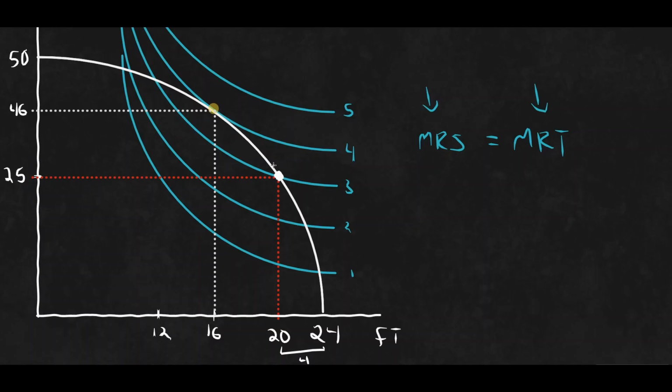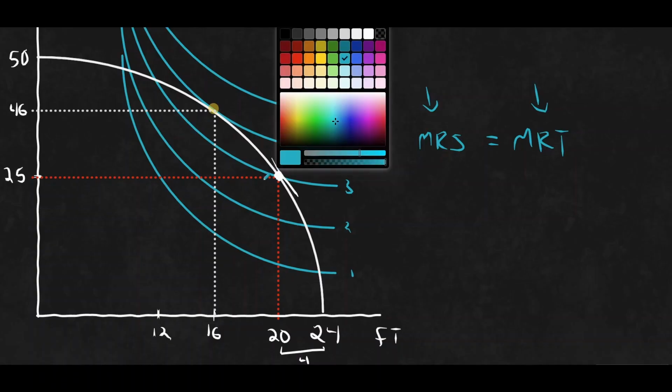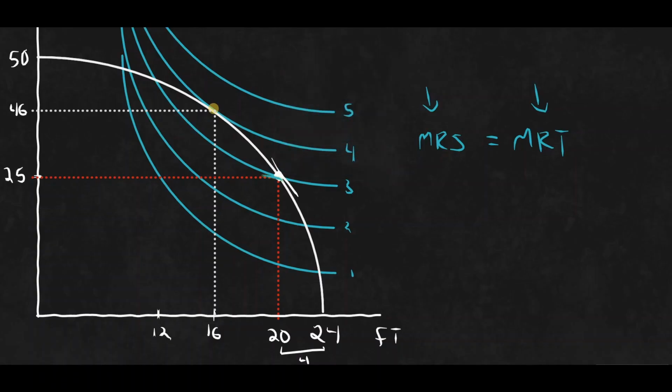Well, at this point, we see that her marginal rate of transformation based off of the feasibility set is going to be quite steep. Meanwhile, using blue for the indifference curve, the marginal rate of substitution is going to be quite shallow at this point. So what's happening between those two? The steeper one means a bigger value. This would mean that our marginal rate of substitution is less than our marginal rate of transformation.